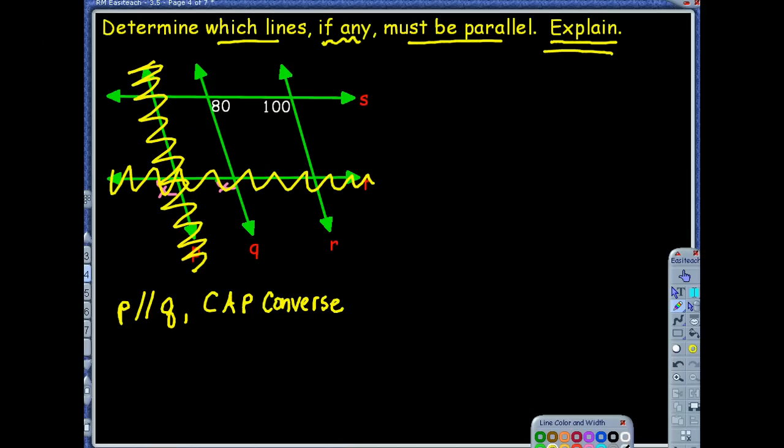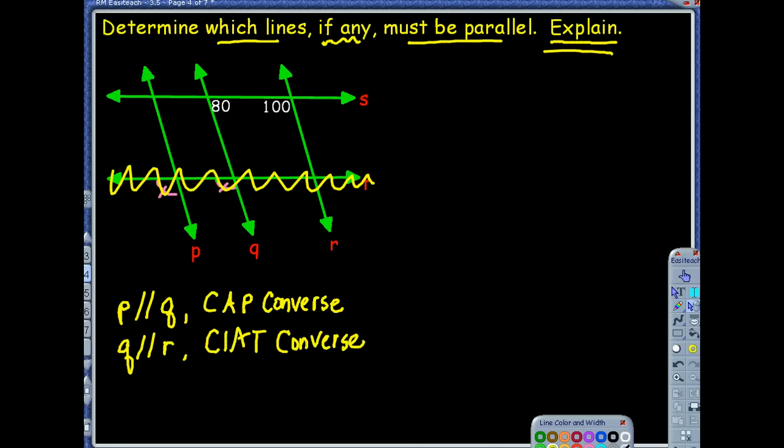They do add to equal 180. So because they're supplementary, I know that line Q and R are parallel. And what's your reason? That would be CIAT converse, the consecutive interior angles theorem converse. It's the converse again, because I'm proving the lines are parallel.